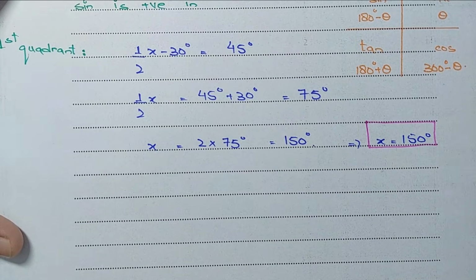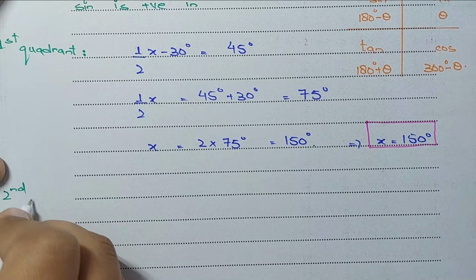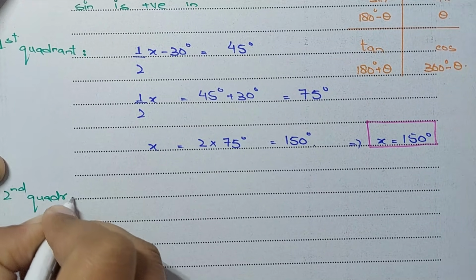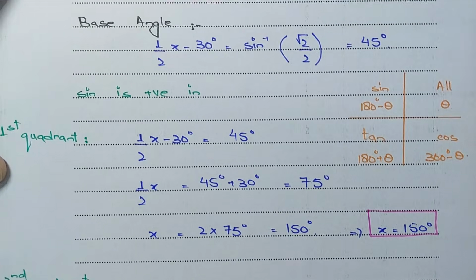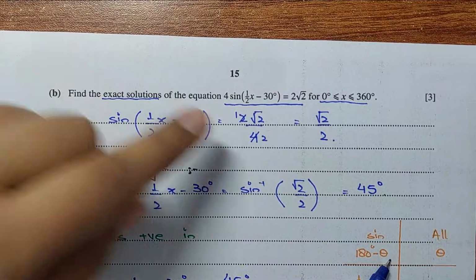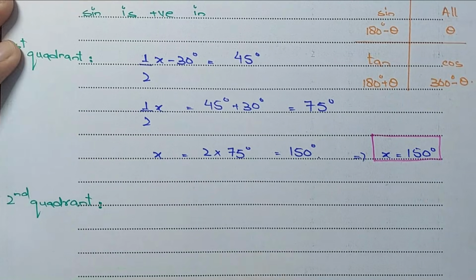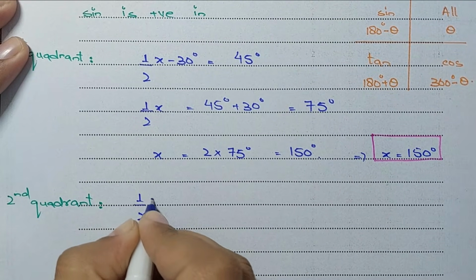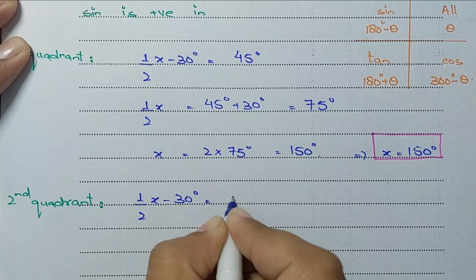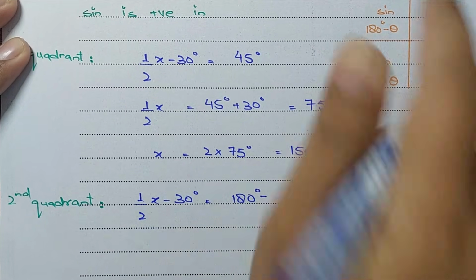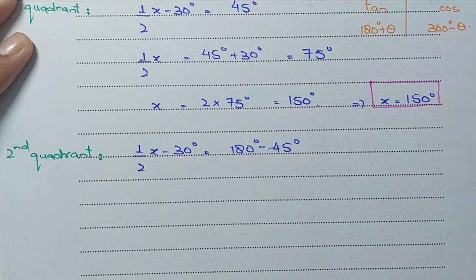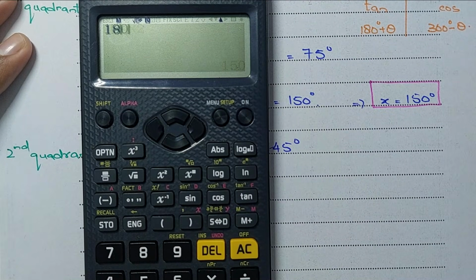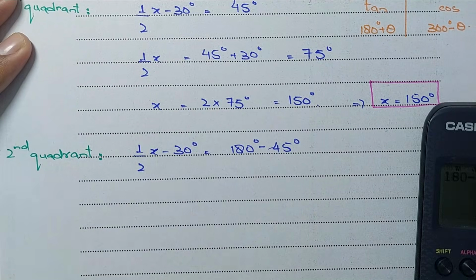Okay. Now the second thing, sine is also positive in the second quadrant. For the second quadrant, what is the value of theta? The theta value is 180 minus that base angle. So this is your theta now. Half x minus 30 degrees equals 180 degrees minus this base angle, which is 45 degrees. 180 minus 45 is 135 degrees.